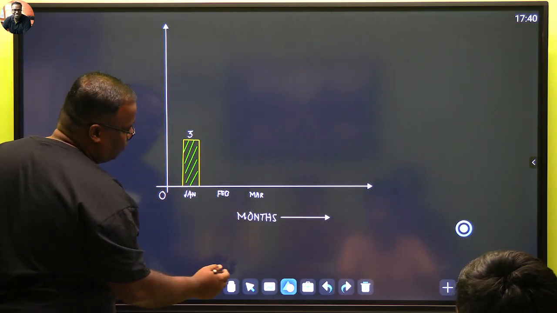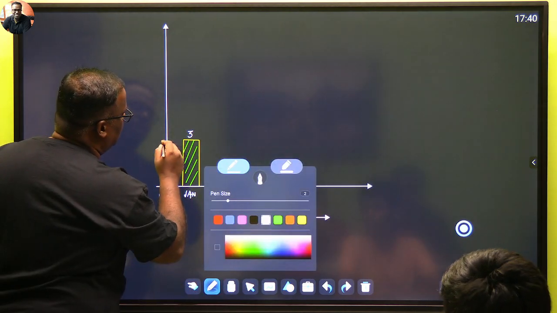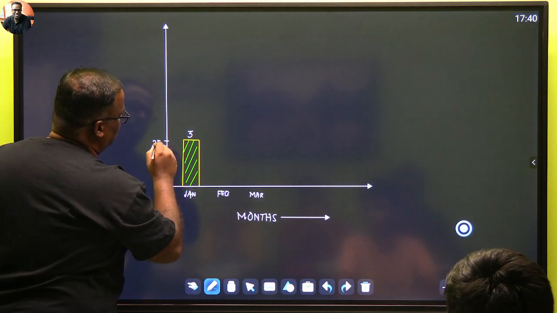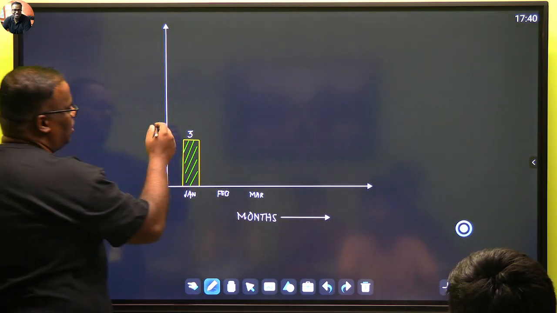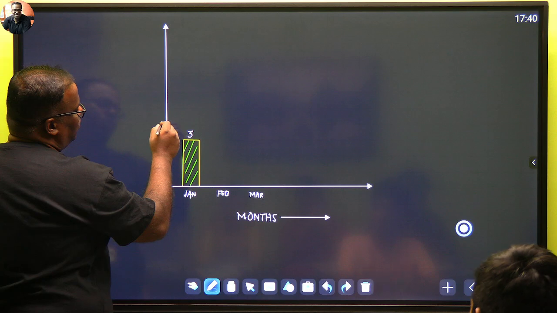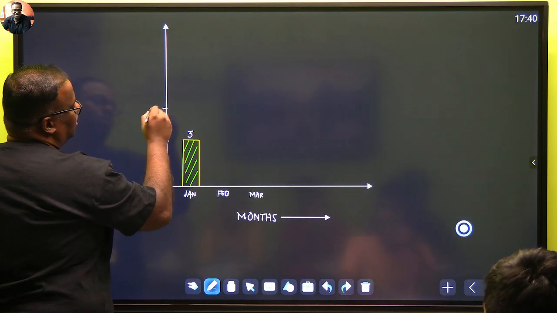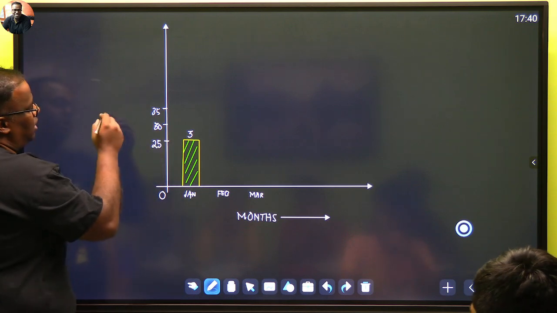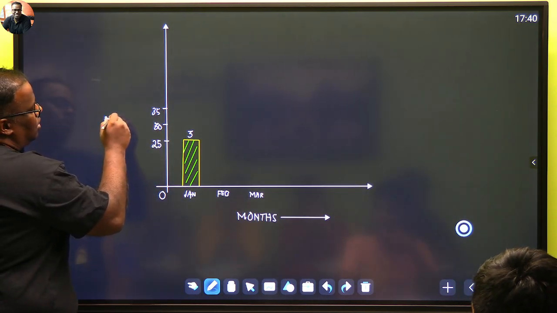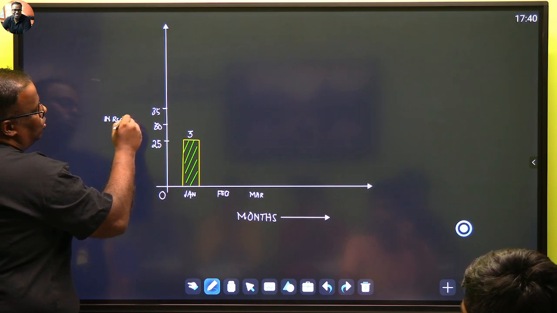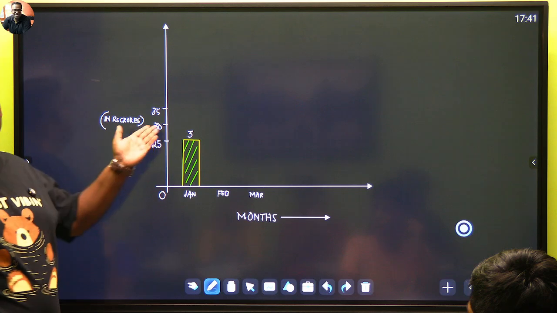Okay, so 25 crores से अगर आप start कर रहे हैं, then what we say, we'll mark it from here 25 crores. This is 25. We are writing 25. Again, it's all about how nice you can make it. Then every 5 divisions we are going 30. Then we are making 35. And here we are writing that in rupees crores. So this is understood that this data is 25 crore, 30 crore.